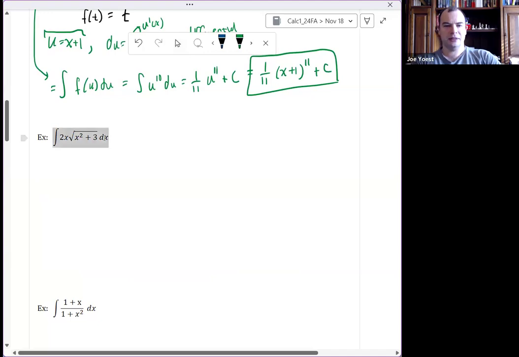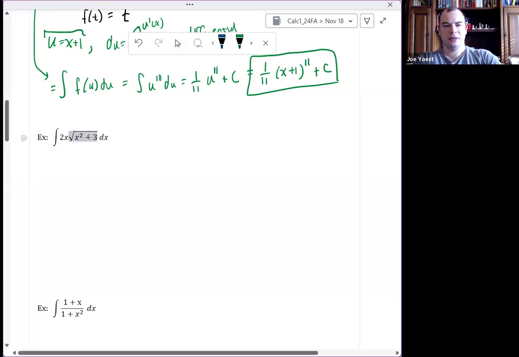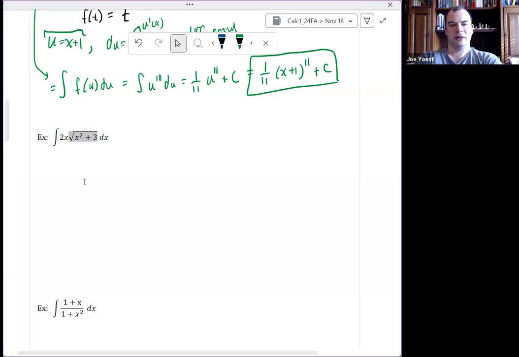Okay, let's look at this example. The integral of 2x times the square root of x squared plus 3 dx. Now this one I notice, the thing that makes things difficult is the square root, right? If this was the square root of something simpler, say just the square root of x squared, then I'd effectively just have 2x times x.